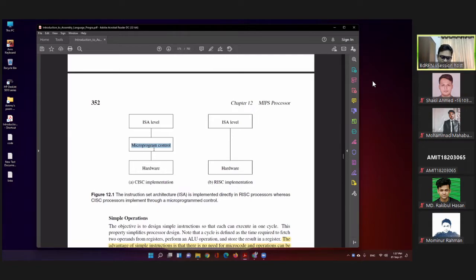For example, you want to add two numbers. So you write add one register or one memory address, comma, another memory address. Source and destination. Whenever you write this code, the processor will divide this instruction into several parts. For example, you have to go to that memory location and fetch the data and put it into the register.